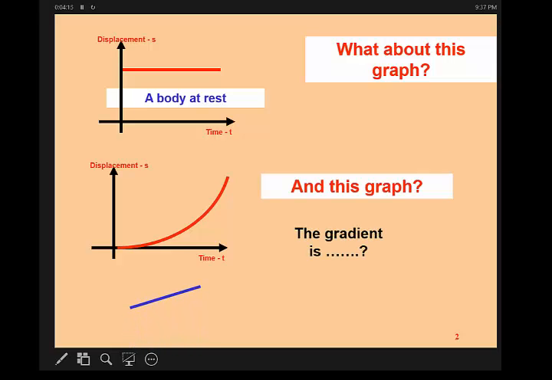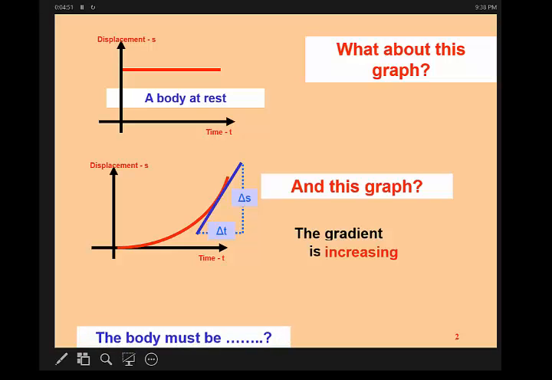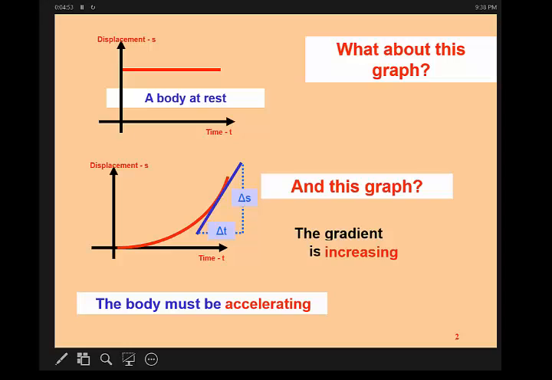So the gradient could be in any number of positions, and the point at which that line touches our curve, in other words, the point at which the blue line is tangent to the red line, is our instantaneous velocity. So clearly this object is changing its velocity, and we know that if we have a changing velocity, then of course the body is accelerating.